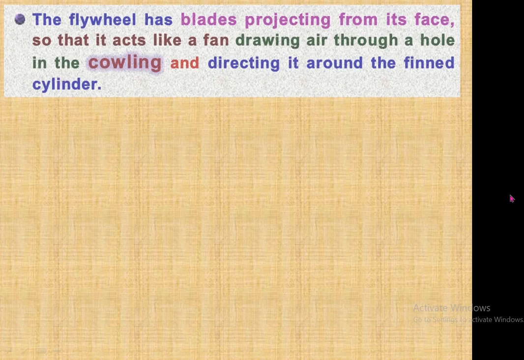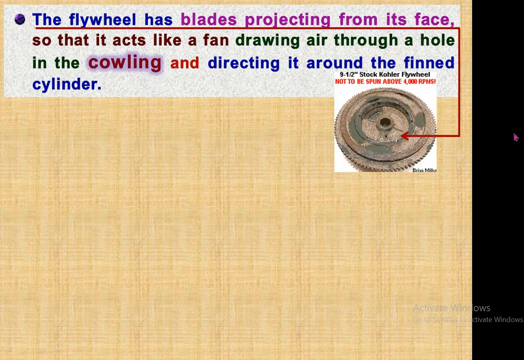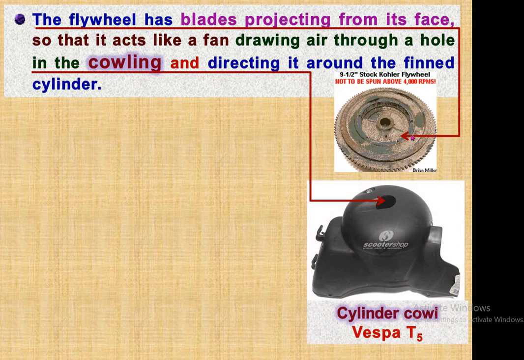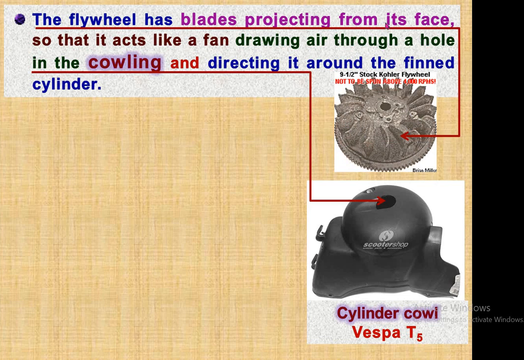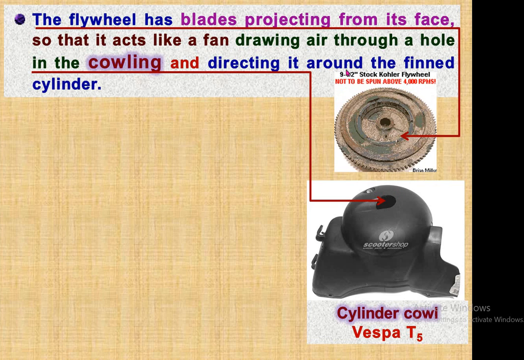The flywheel has plates, as I have told you. See, this is the flywheel, and on the upper periphery of the flywheel this type of fins are developed. So the flywheel has plates projecting from its face so that it acts like a fan drawing air through a hole in the crowning. See, this crowning is employed over this flywheel.